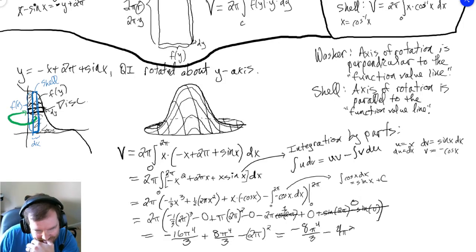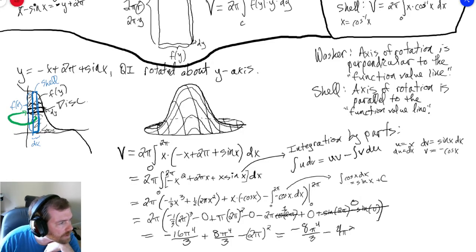So, is there something? No, I mean, like the 16 pi to the fourth needs to be positive in order to end up with the answer that they have here, which is 8 pi to the fourth over 3 minus 4 pi squared.